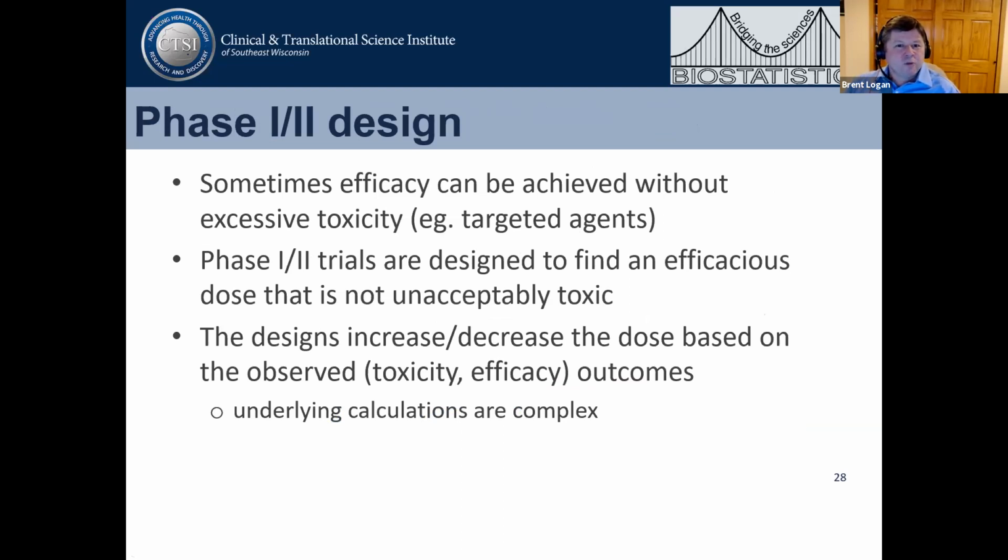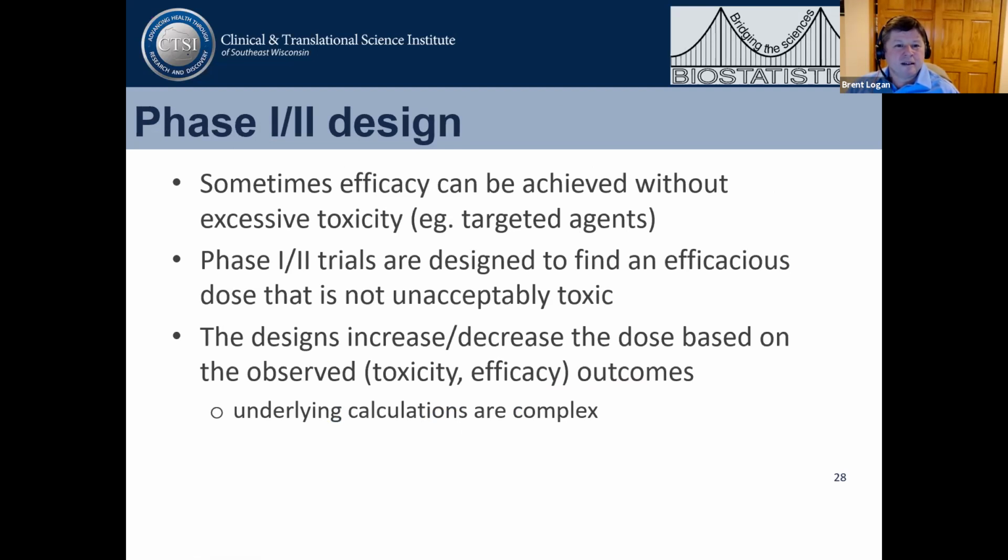Sometimes you'll see the phase 1-2 designs combined. They may be just merged together, where you do a phase 1 and then a phase 2. Sometimes the objectives of the phase 1 and phase 2 parts of the design are actually combined, and they're both targeted.